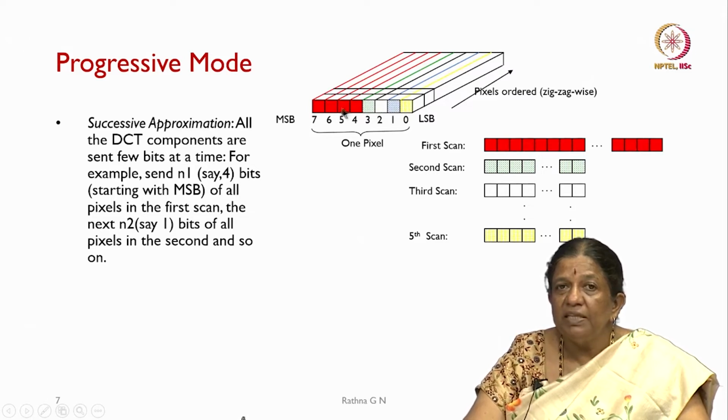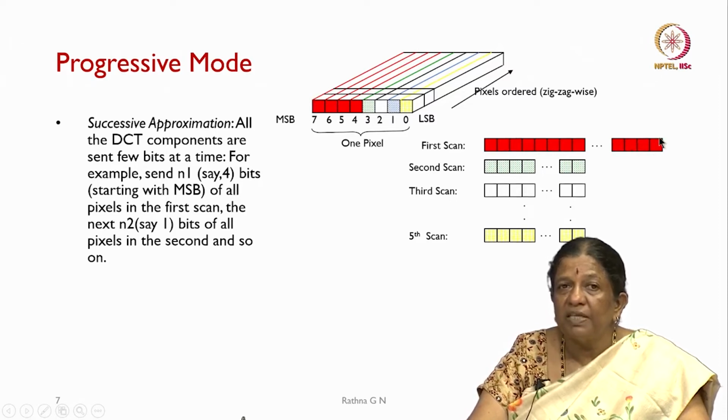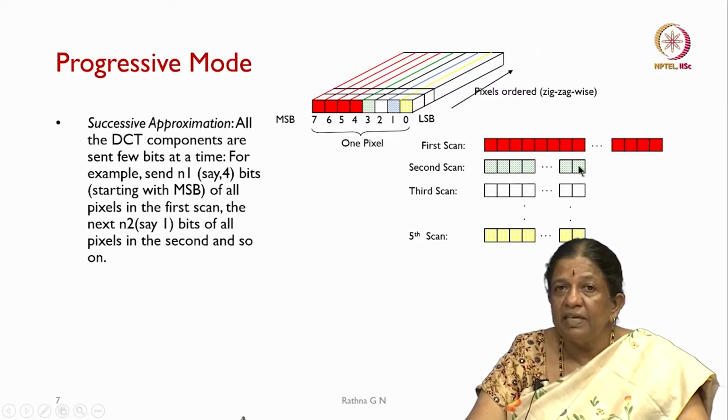So this 4 bits is going to be our first scan, then the second scan, then bits of all pixels in the second scan, and so on, till the end, that is the LSB.